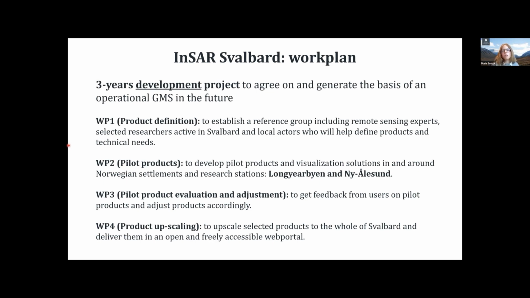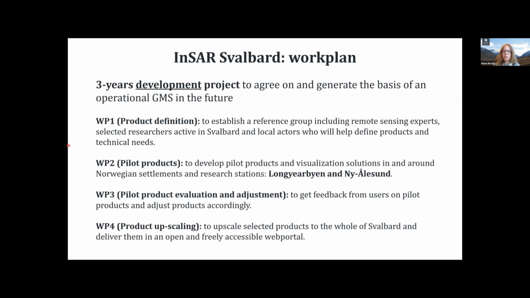Number 1 is the project definition, where we will connect to and establish a reference group that includes remote sensing experts, researchers that are active on Svalbard, for example, and ask them to help us define these products and technical needs. Based on that, we will develop pilot project and visualization solutions, mainly around Longyearbyen and Ny-Ålesund in the beginning.